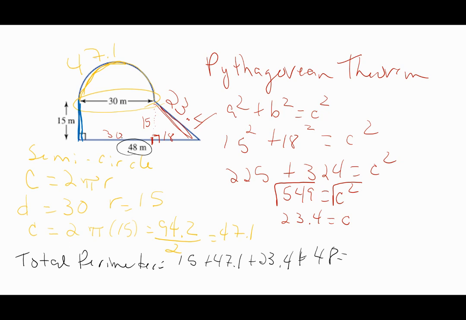You could do 18 plus 30 if you wanted to, but I just used the whole 48. So 15 plus 47.1 plus 23.4 plus 48 is equal to 133.5, and then our answer is in meters.